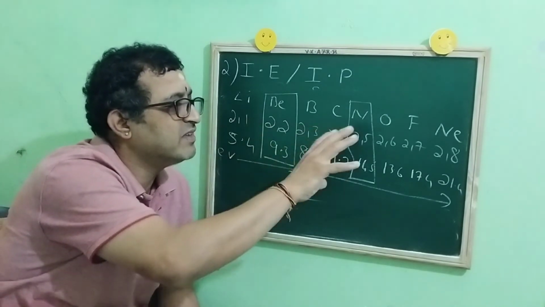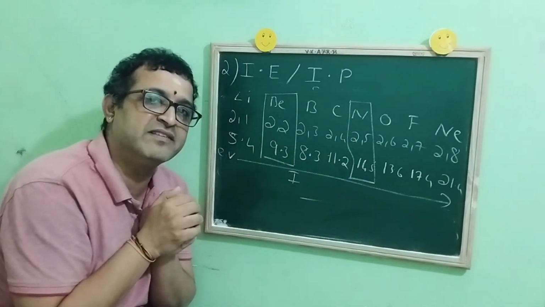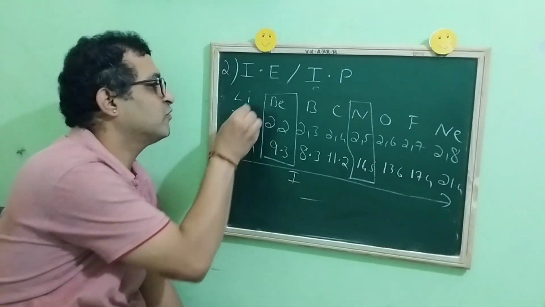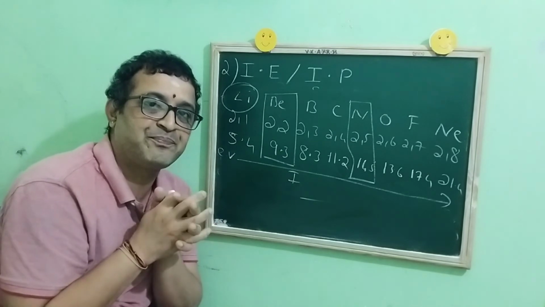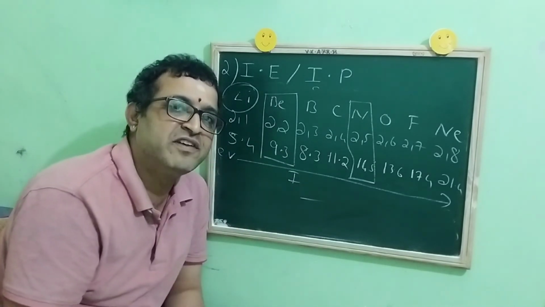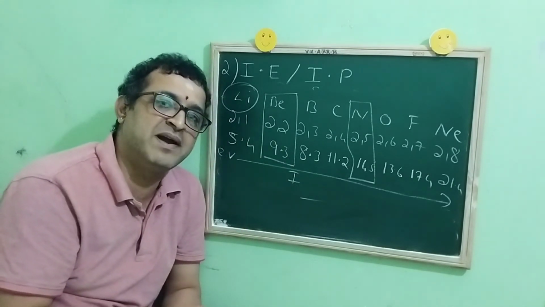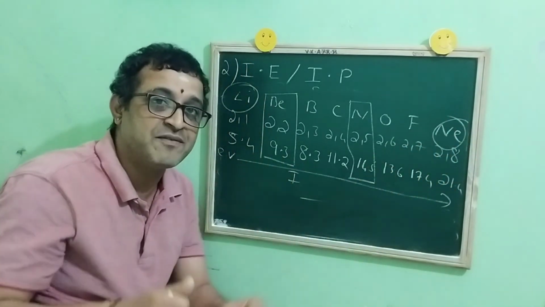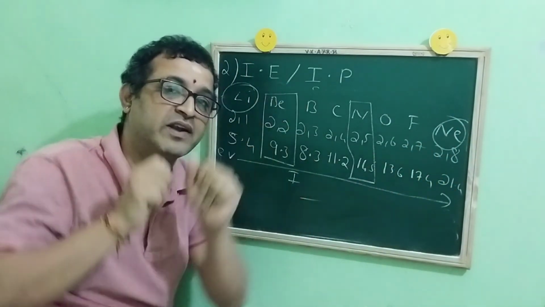Now, one simple question. Out of all these elements, which element has the minimum ionization potential? Obviously, it is lithium. Then which element has the maximum ionization potential? It is neon. Neon has what structure? Octet structure.